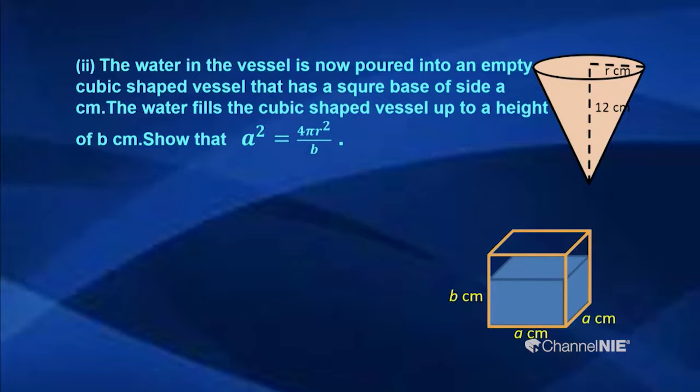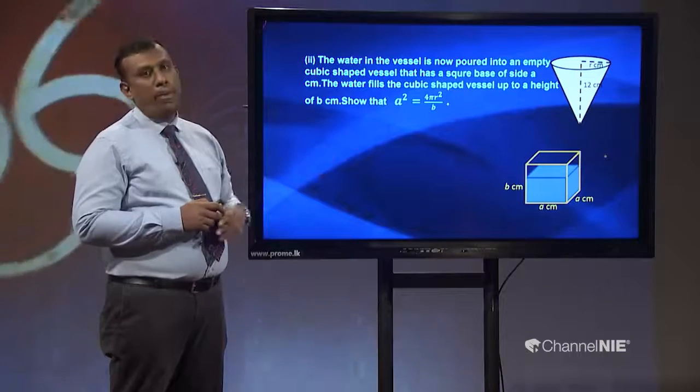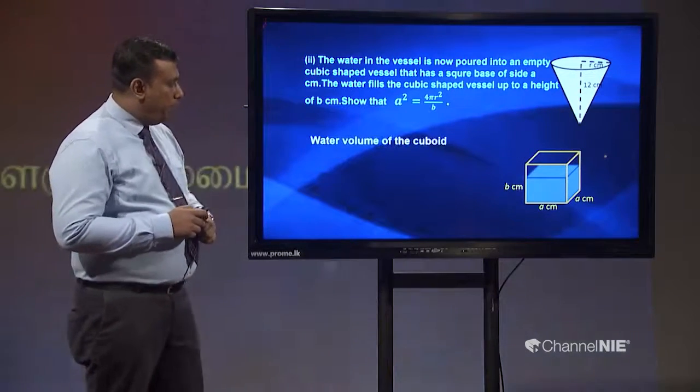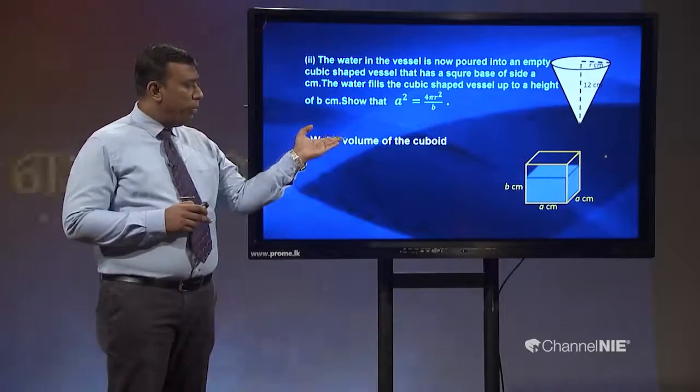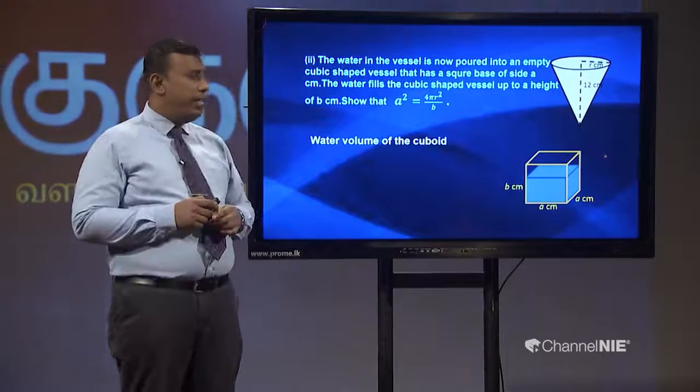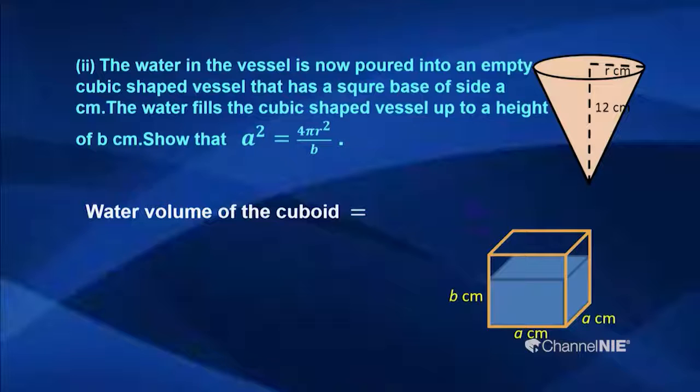That means it is not completely filled with that water volume. Then next step, the water volume of the cuboid you can obtain from the water volume of the cone. Both are the same, no. Why?